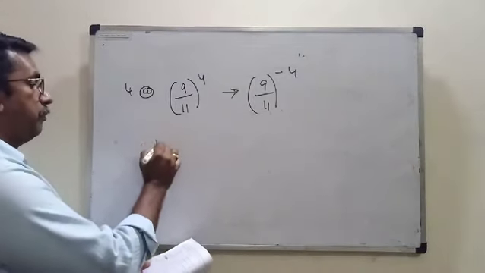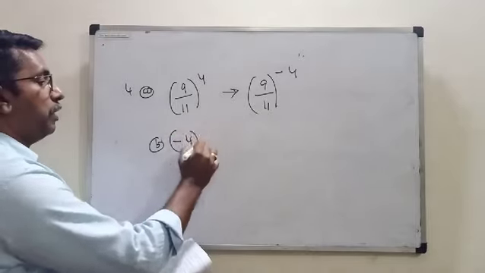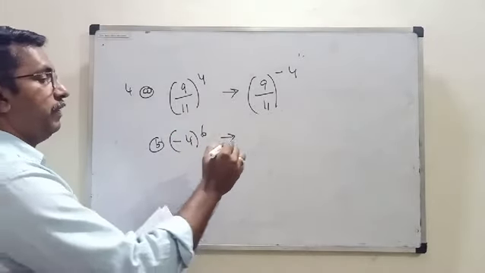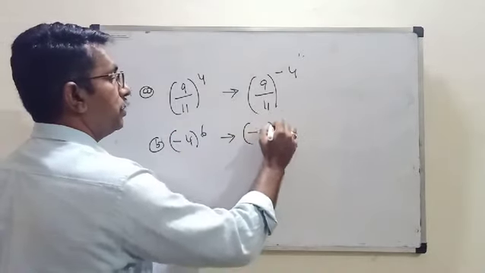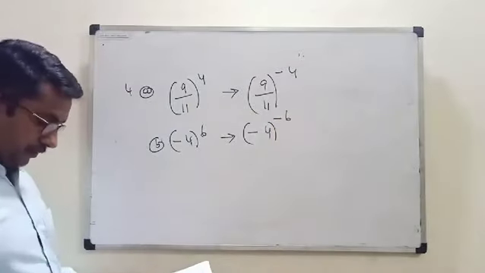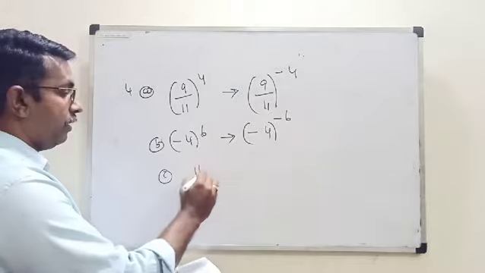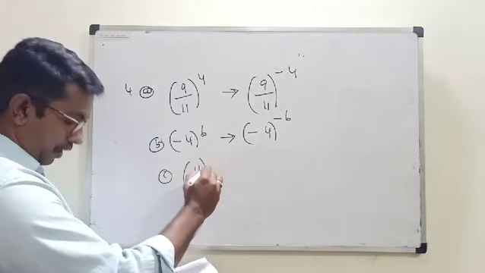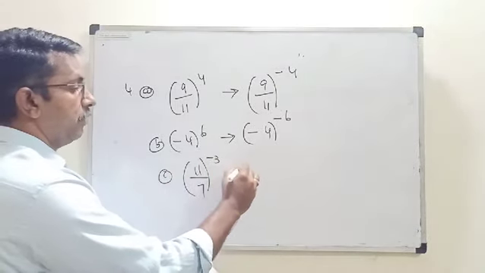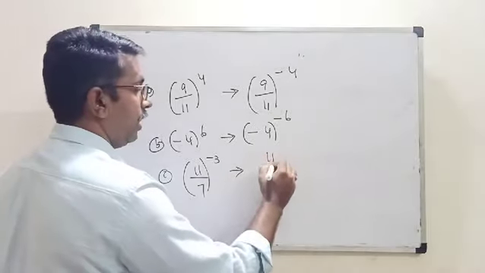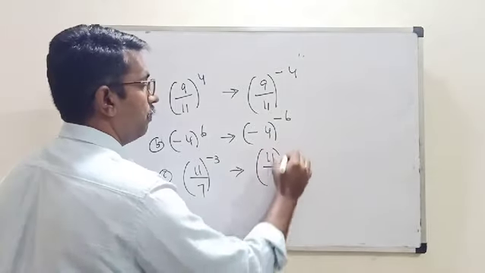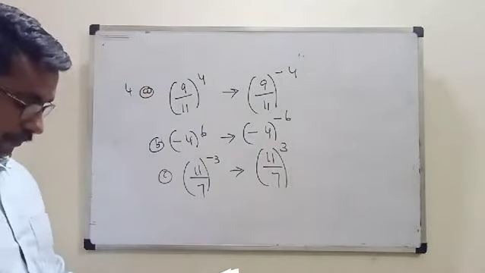Then B. Minus 4 to the power 6. Multiplicative inverse is minus 4 to the power minus 6. C. 11 by 7 to the power minus 3. Multiplicative inverse is 11 by 7 to the power 3.